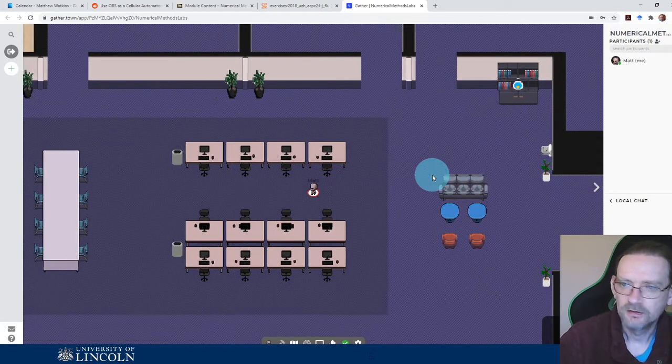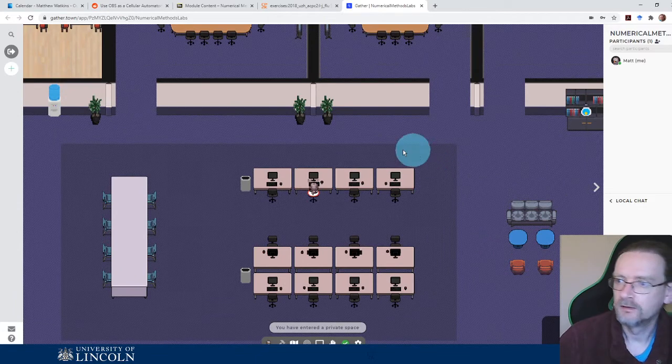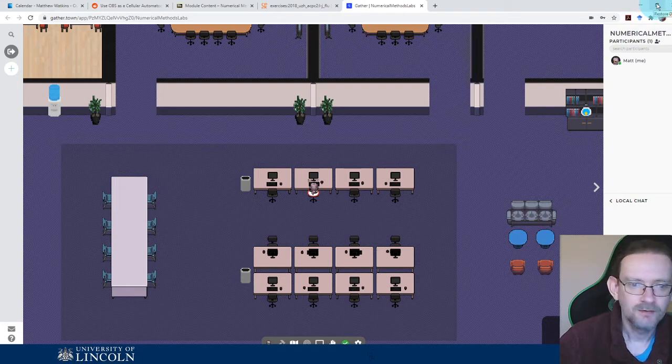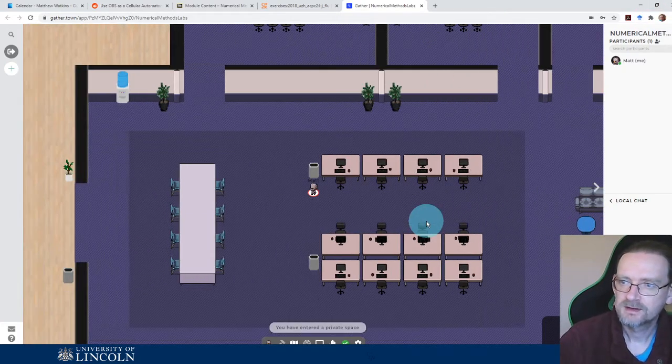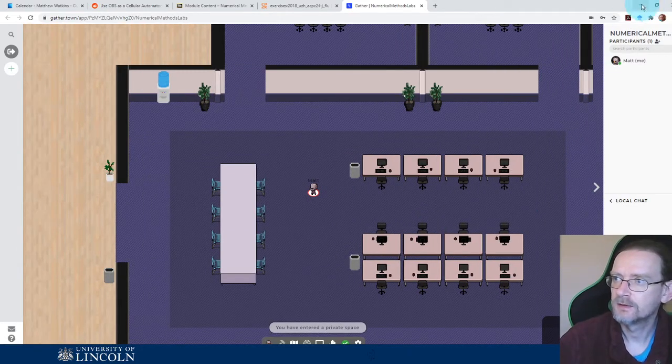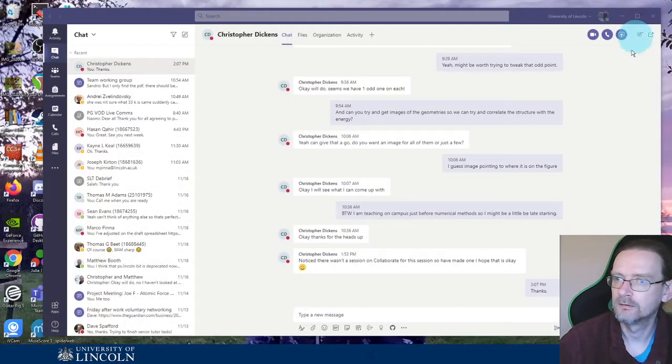So in there you can wander around and find me. I've not got the camera on because I can only have the camera on in one place. So only 25 people can get in there, but I suspect it won't be a problem. So I'll be sat over here somewhere you can see me. So if people want to come and chat about things one-to-one, we'll try that as a way of doing it rather than splitting out from the breakout room. And that means that I can see chat here and so on.